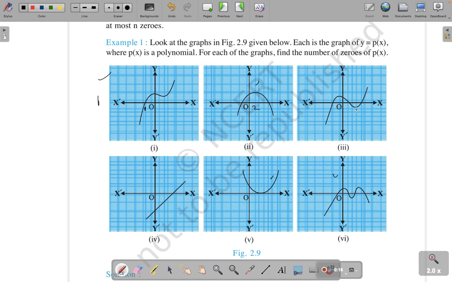This one? 3. This one? 1. This one? 1. Okay, this one? 4.